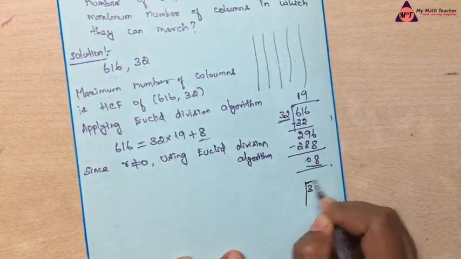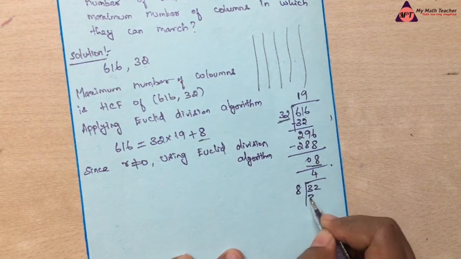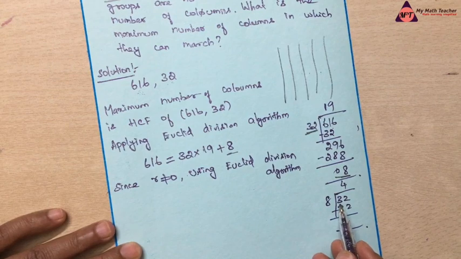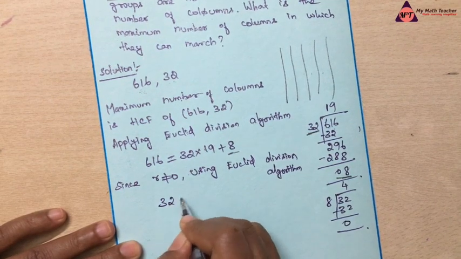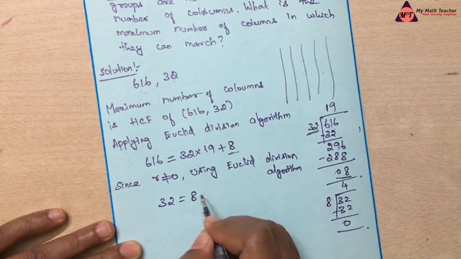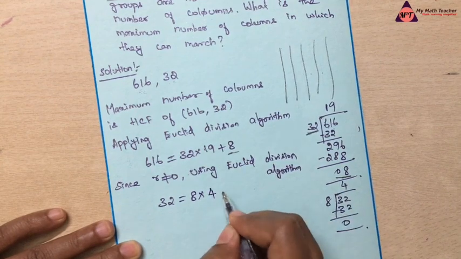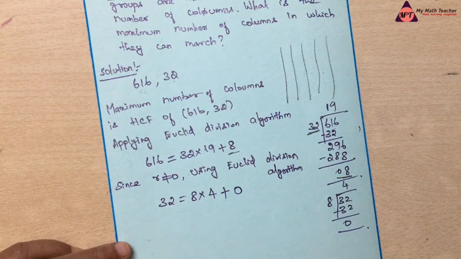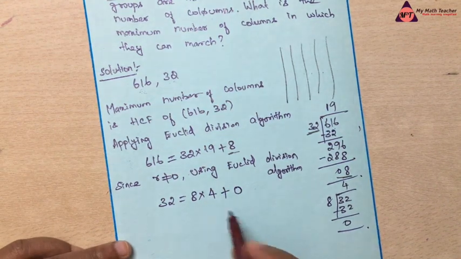32 divided by 8. 4 8s are 32. So now what is the dividend here? 32 is equal to, divisor is 8 multiplied by the quotient 4 plus 0. Finally we got the remainder as 0. Now what is the HCF?